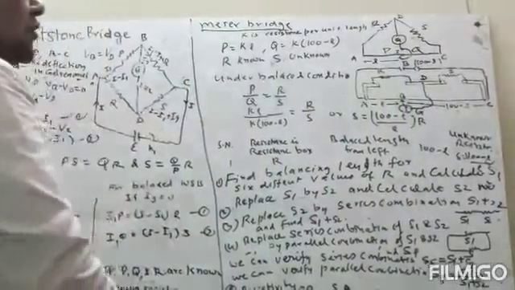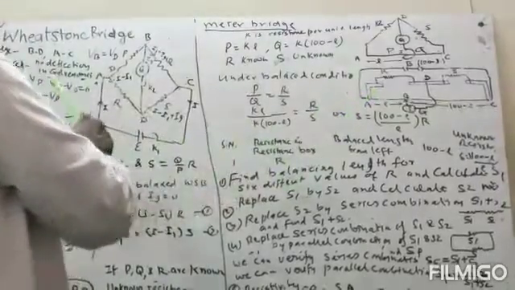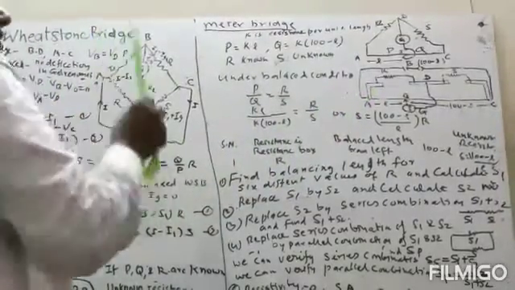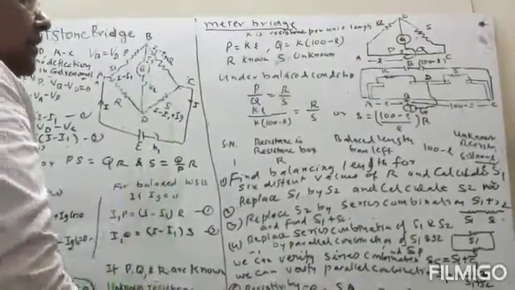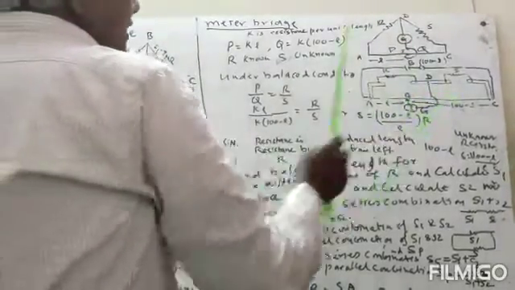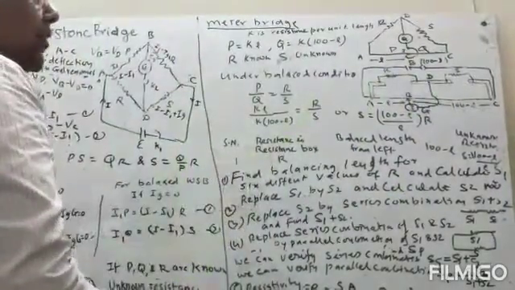Therefore it is known as the meter bridge. The meter bridge is based on the principle of the Wheatstone bridge. It is a meter bridge because the length of the wire is a meter, and we can find the unknown resistance very accurately with the help of the meter bridge.